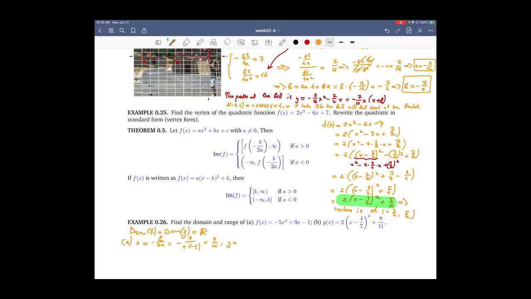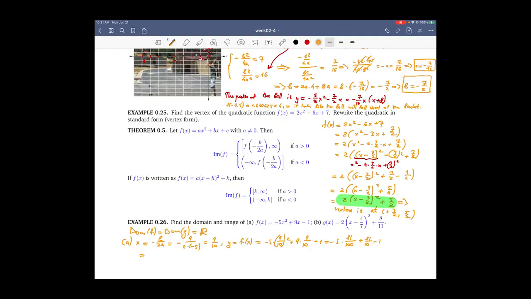And y is f at this point x, so we have negative 5 times 9 over 10 squared plus 9 times 9 over 10 minus 1. A little bit of algebra. Negative 5 times 81 over 100 plus 81 over 10 minus 1.